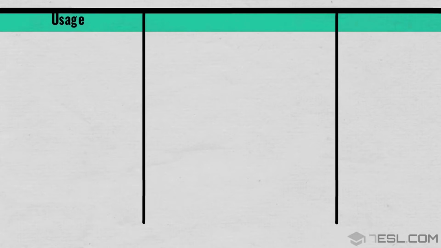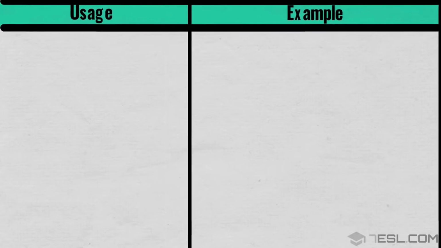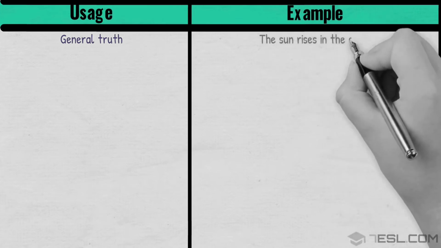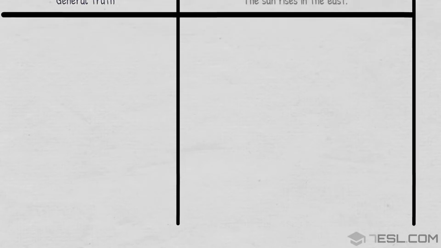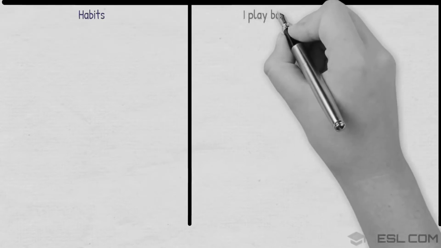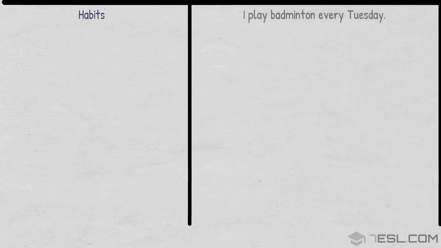Usage. Example. General truth. The sun rises in the east. Habits. I play badminton every Tuesday.